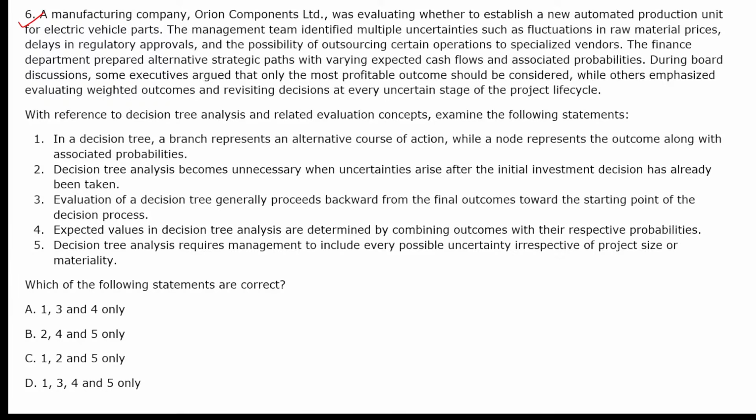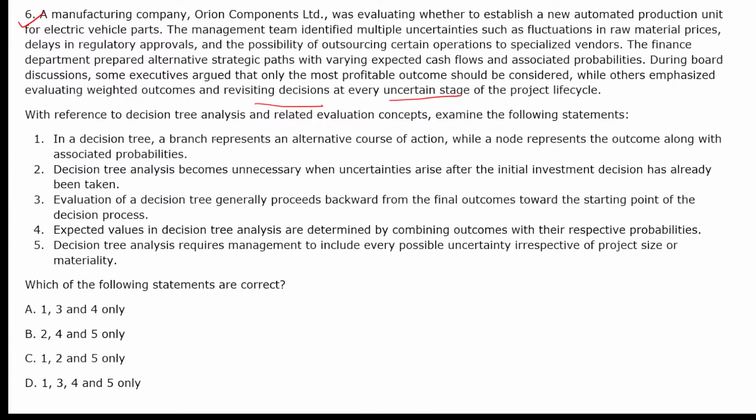During board discussions, some executives argued that only the most profitable outcomes should be considered, while others emphasized evaluating weighted outcomes and revisiting decisions at every uncertain stage of the project life cycle, with reference to decision tree analysis and related evaluation concepts. Examine.